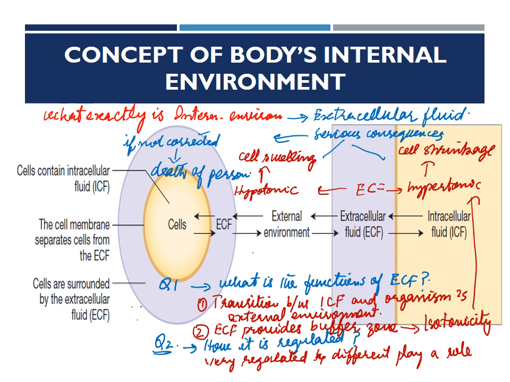If some cell is working more, it needs more nutrients and more oxygen supply. So it is locally regulated. After usage, the things become balanced.